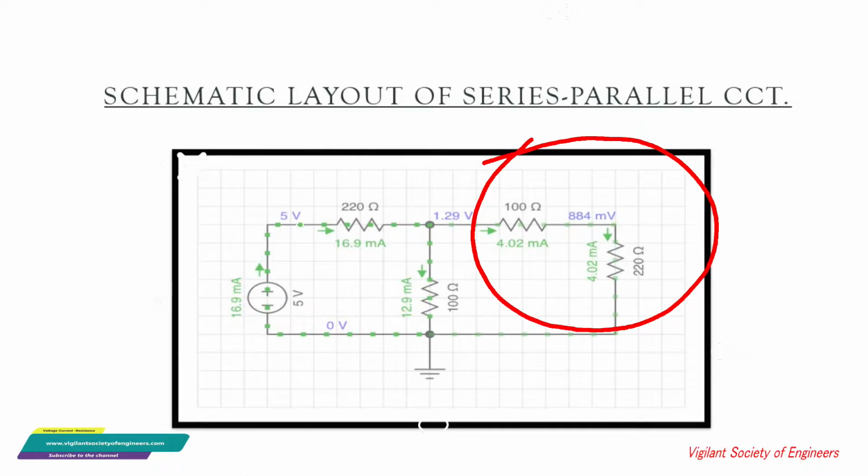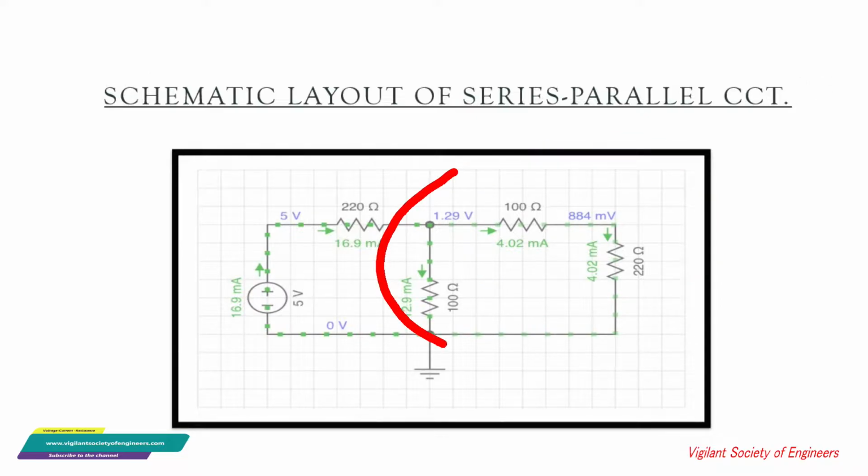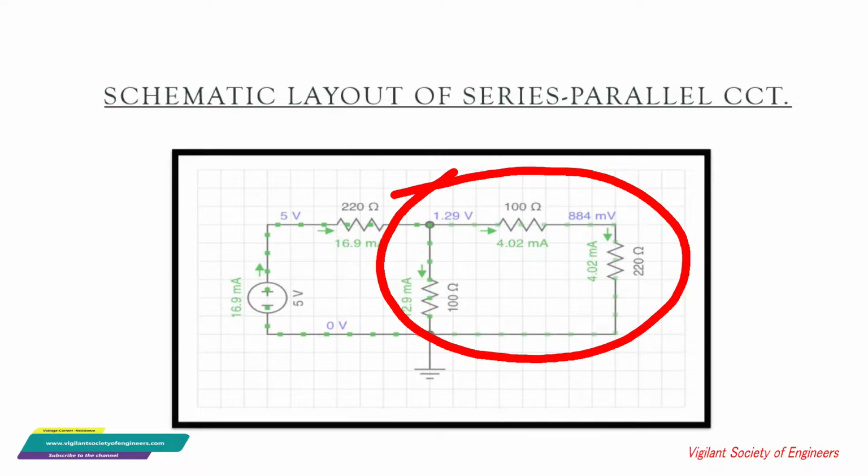We have 100 ohm resistors and a 200 ohm resistor on the parallel side of the circuit, which is also in series. This section on the right side is a series parallel section, and it's met upon a 220 ohm resistor, which is in series with the series parallel combination.